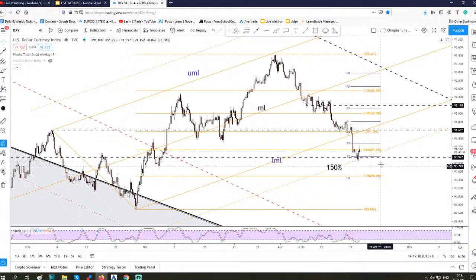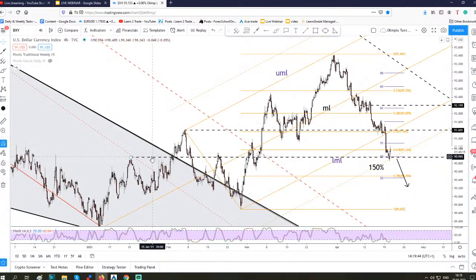Okay, so the price of gold could continue to increase if the DXY, the US dollar index, will continue to drop, right? So it has found temporary support right on the weekly S2, 90.96. We also have here a static support.